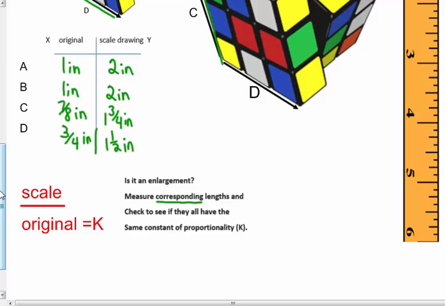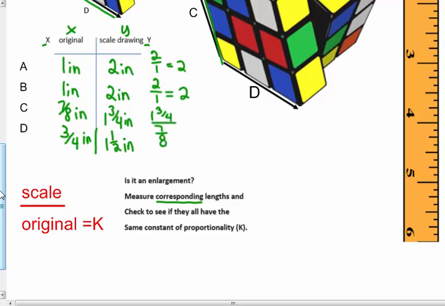To get that constant, it's the scale over the original. Well, this is 2/1, which is 2, y over x. So my scale drawing is my y, my original is my x. As you see here on the table, I labeled that. So y over x equals k, constant of proportionality 2. 1 3/4 divided by 7/8.